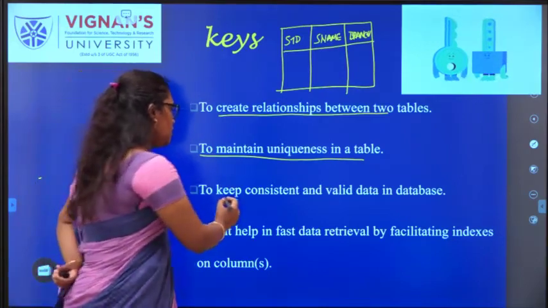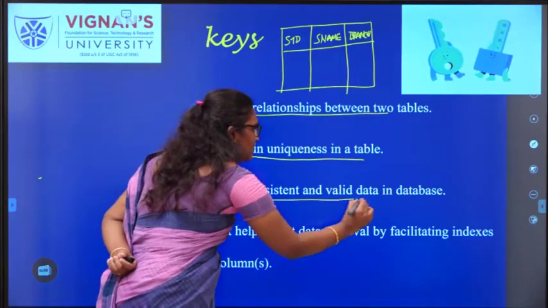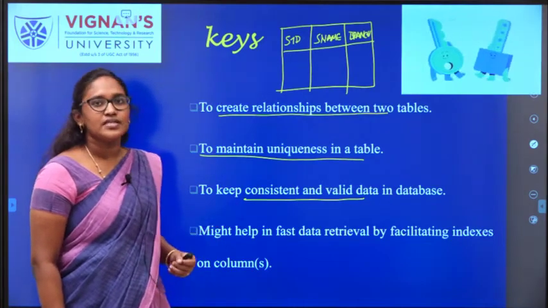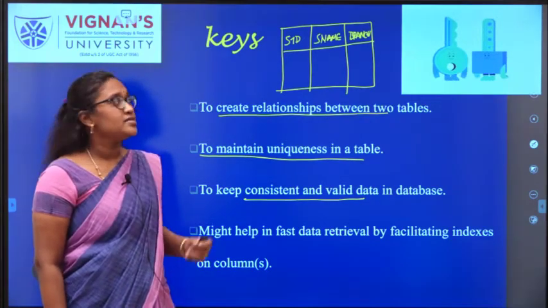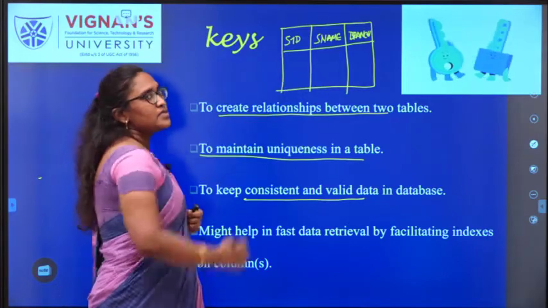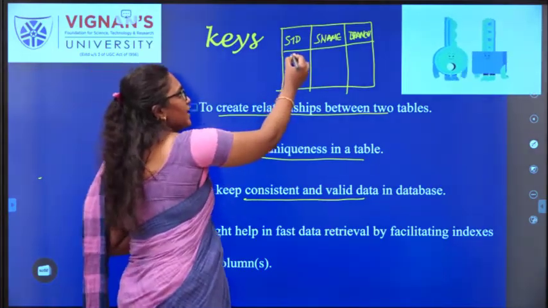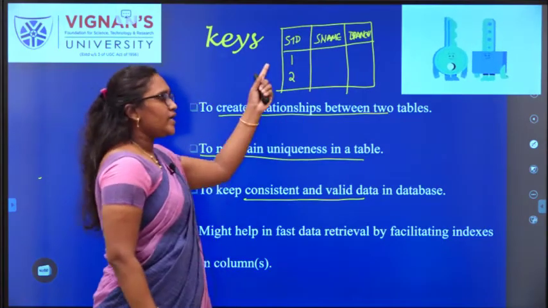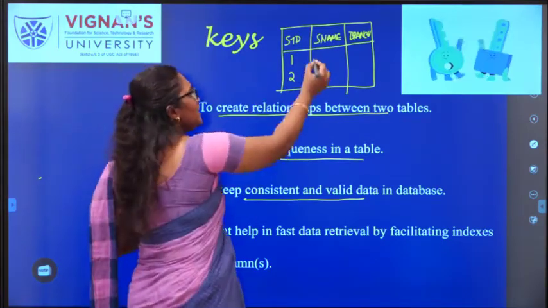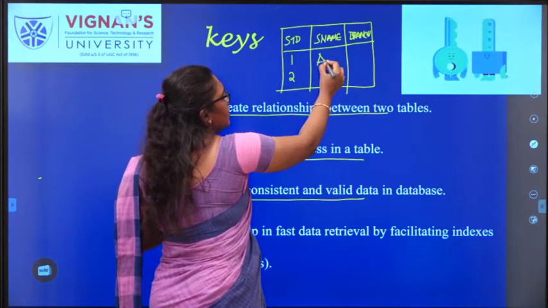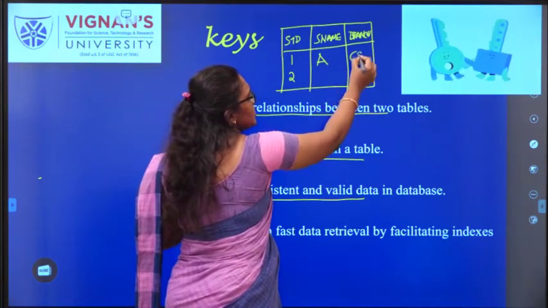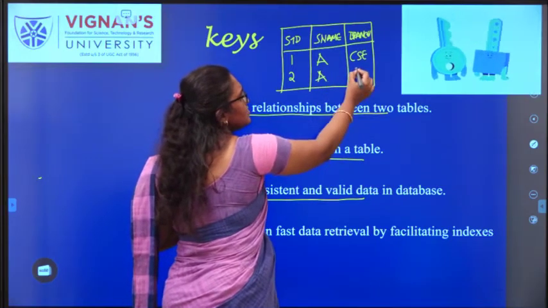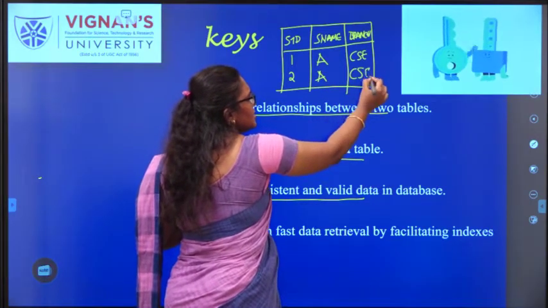Third one, to keep consistent and valid data in a database. What is the meaning of consistent and valid data? For example, if you observe this table, student ID is 1 and 2, two rows of data. The student name is A and the branch is CSC, and again the student name is A and the branch is CSC.